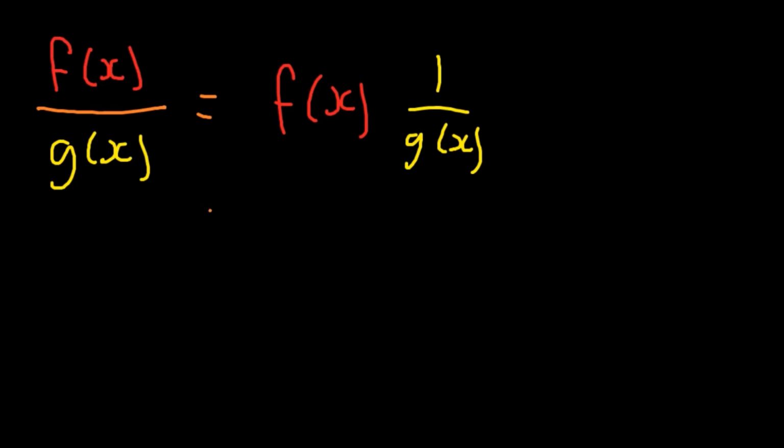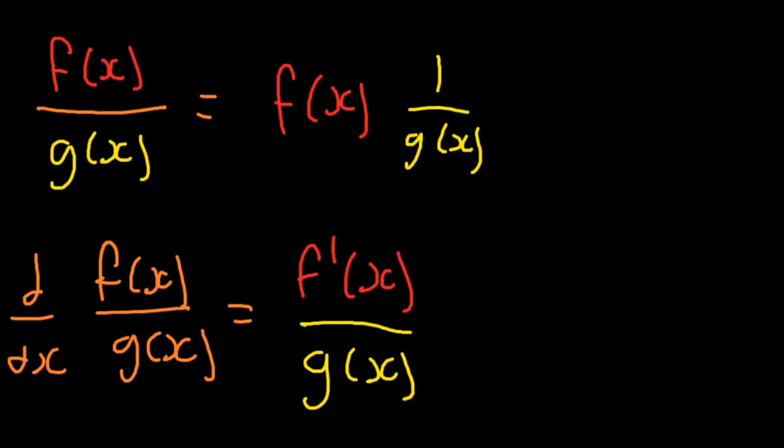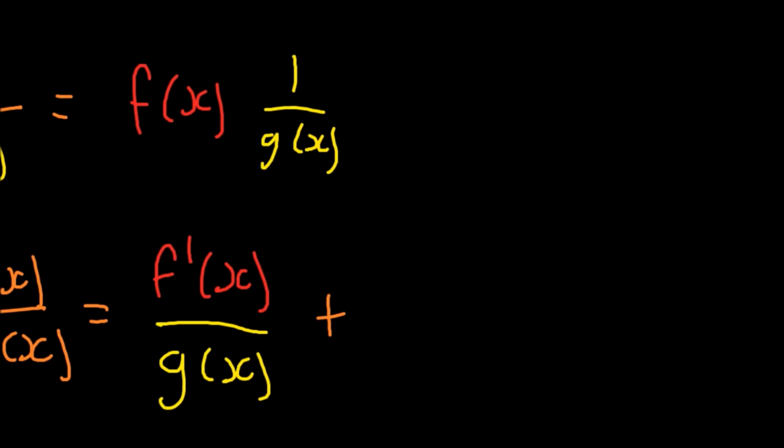So when we find our derivative d by dx of f of x over g of x, we're going to have f prime of x, because it's the derivative of that one, times the normal of that one, 1 over g of x. Then we have to add to that the normal of f of x times the derivative of 1 over g of x.